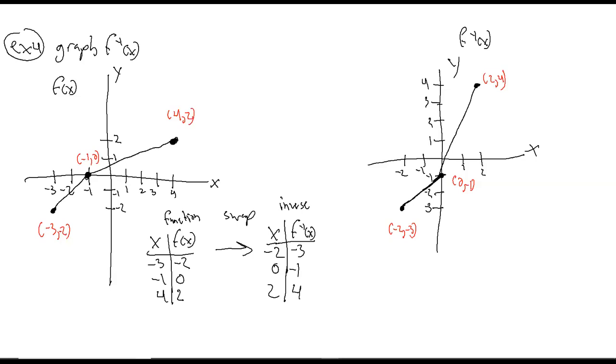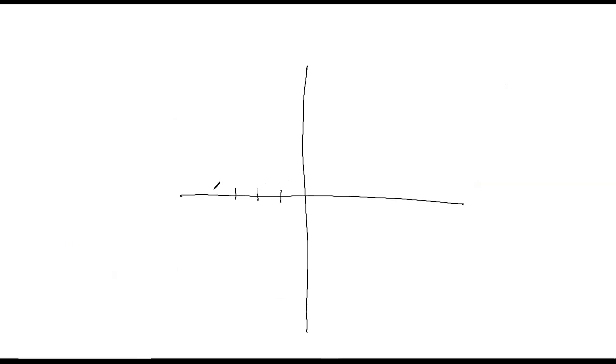Okay. All right, so last bit for this section, let's put everything on one graph and I'll do them in different colors. So let's just go -4 to +4 in each. All right, so we had -3, -2.